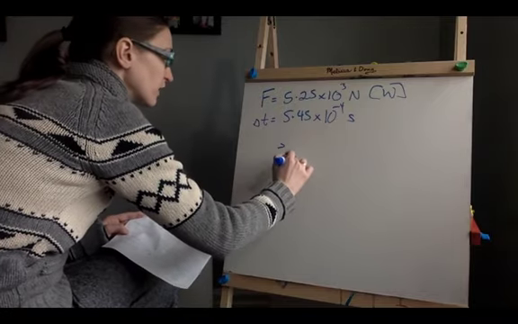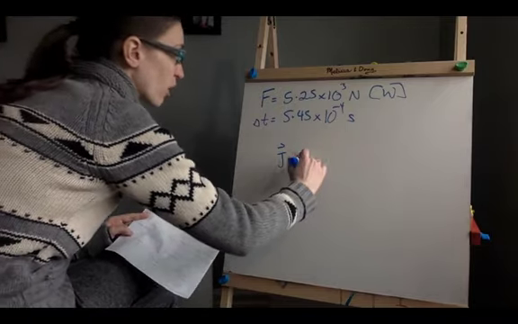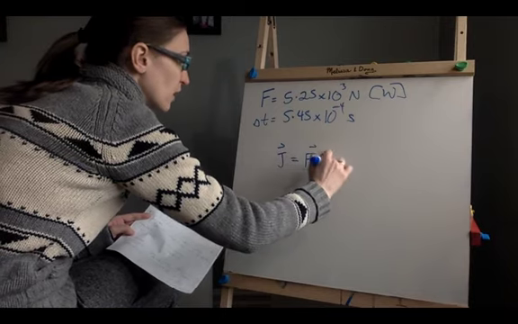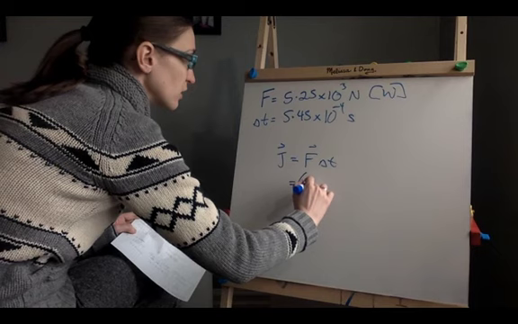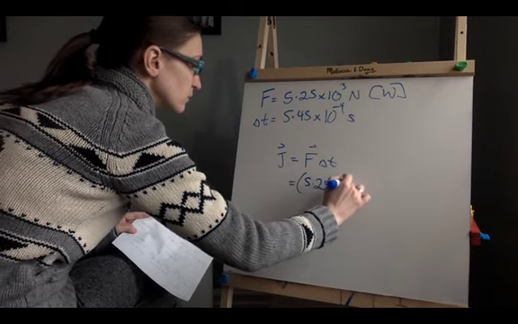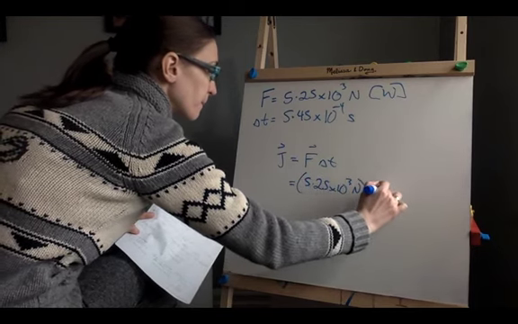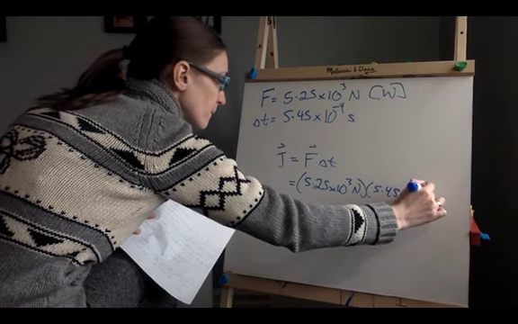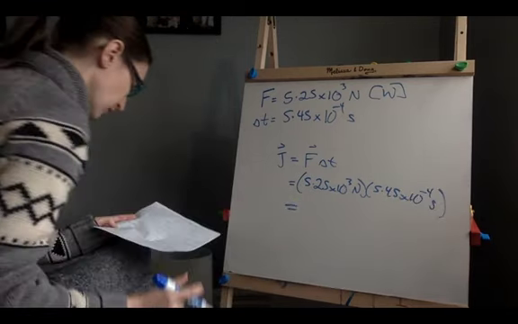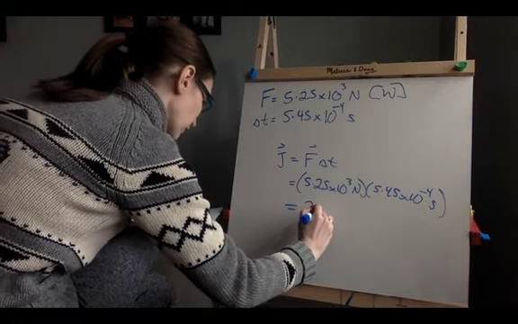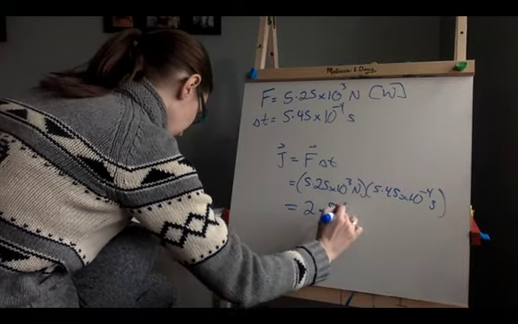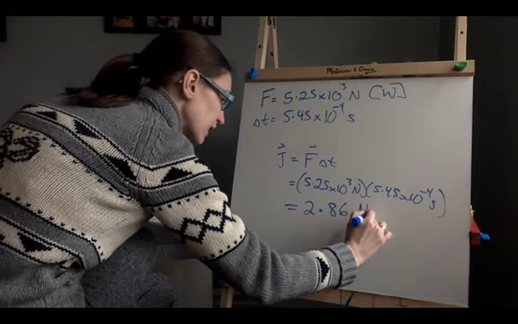So if we're going to find the impulse, and we know that it is the product of the force multiplied by the change in time, once again, we are just multiplying these two values together. When you multiply those two things together, you get a value of 2.86 Newton seconds.